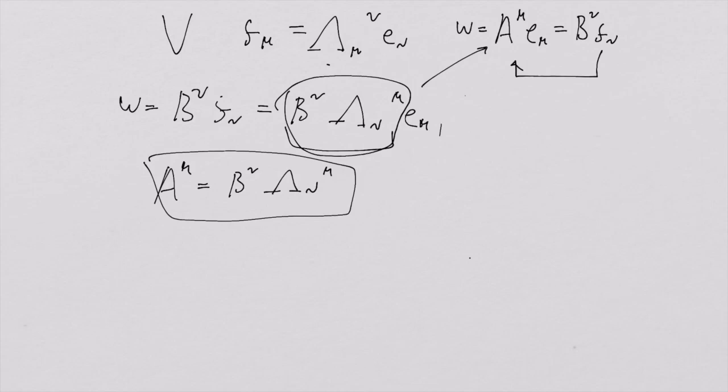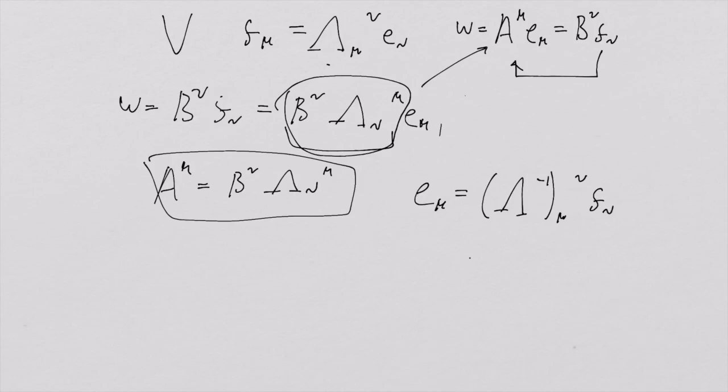So I can write, starting with this concept here, E mu equals the inverse matrix, the inverse of lambda, mu, nu, F nu.